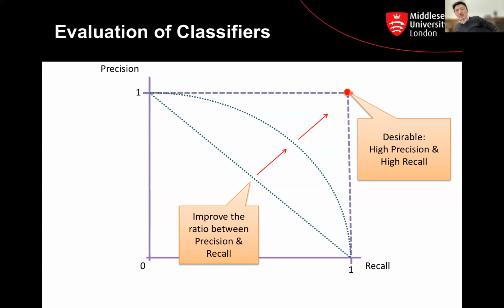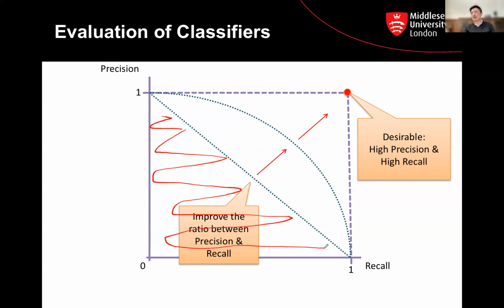And sometimes people measure the performance of the algorithm by measuring the area below the curve. So that will be this part. Maybe just use the area below the curve, which will be this part.